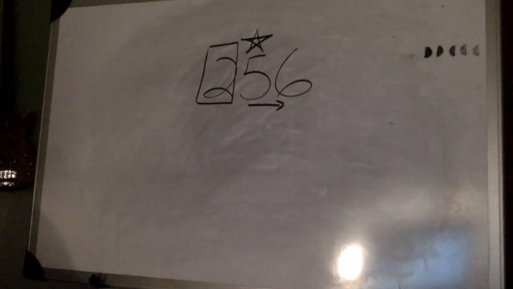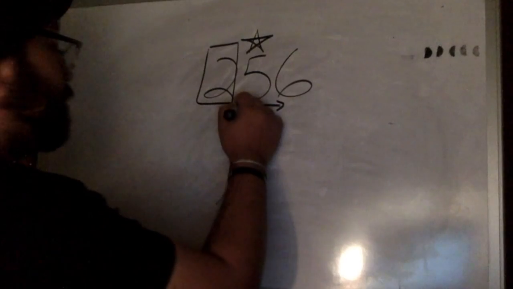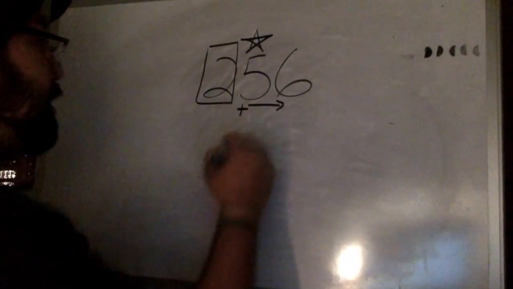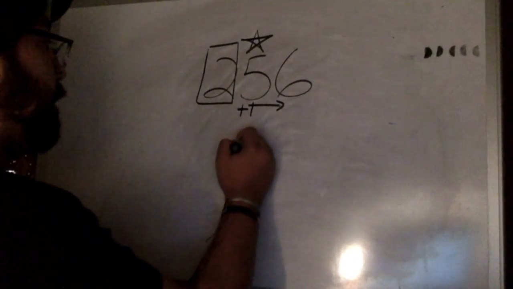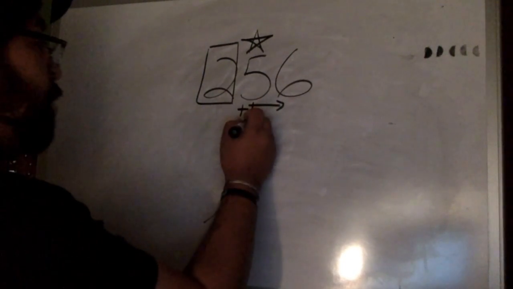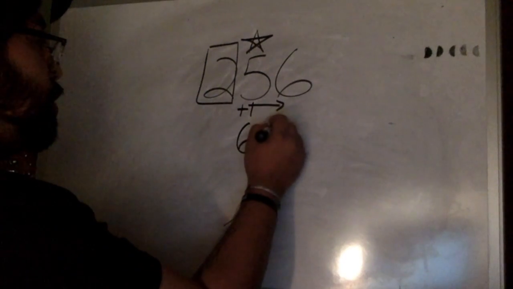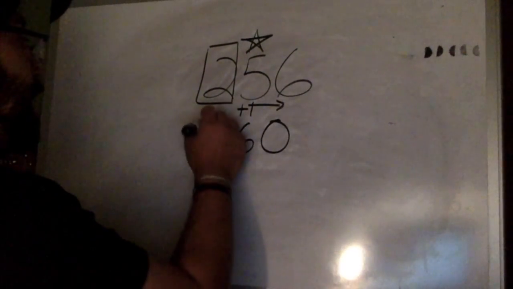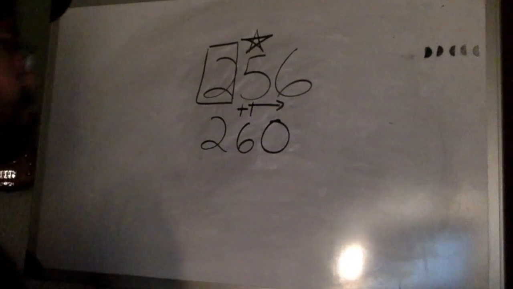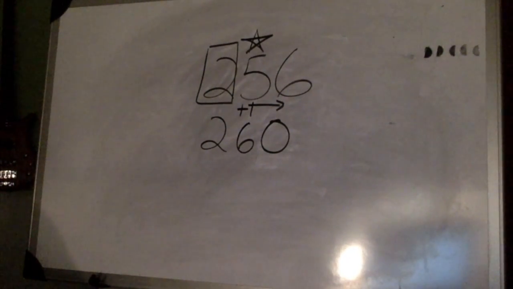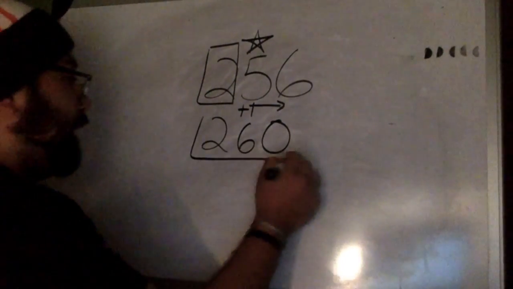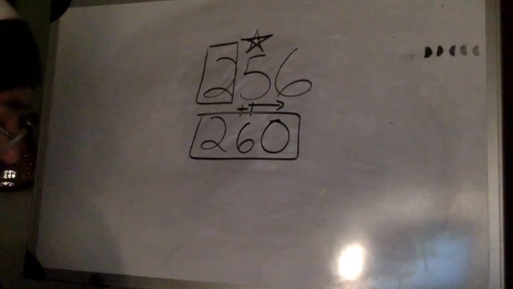That's right, 5 and above. Therefore, Cinderella gains 1 point. It's always going to be only 1 point. 5 plus 1 is 6. Her sister turns into a pumpkin, and the 2 stays the same. 256 to the nearest 10 equals 260. Let's keep going.